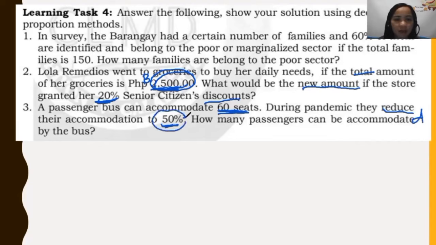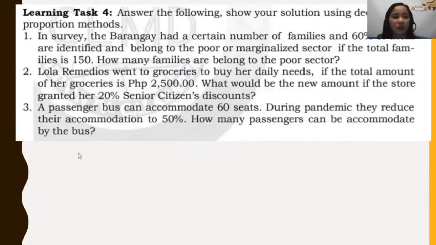So kung naging 50%, ano ba ibig sabihin ng 50%? That is half. Ginawa na lang 50%. Ilang passengers na lang daw ang pwedeng sumakay sa bus? So these are the tasks that you are going to answer for your module.